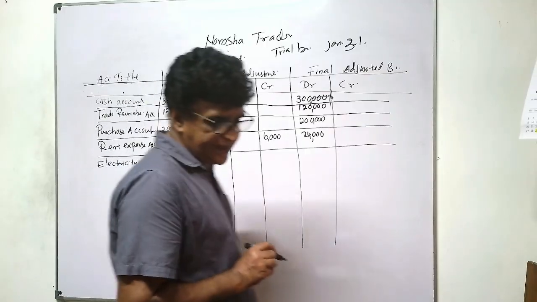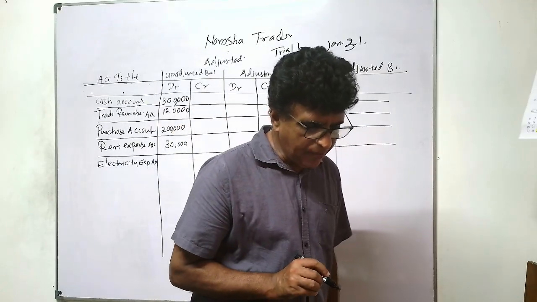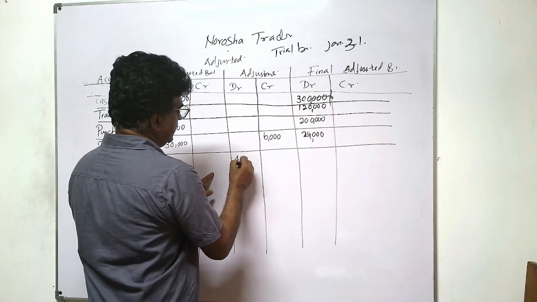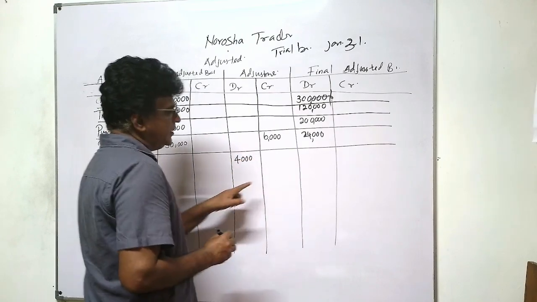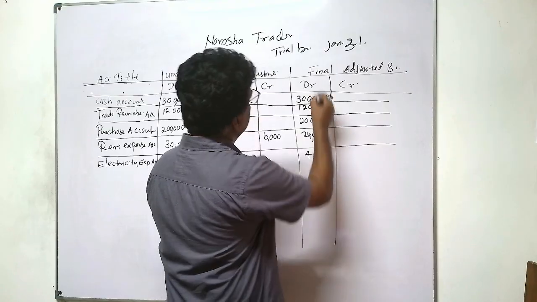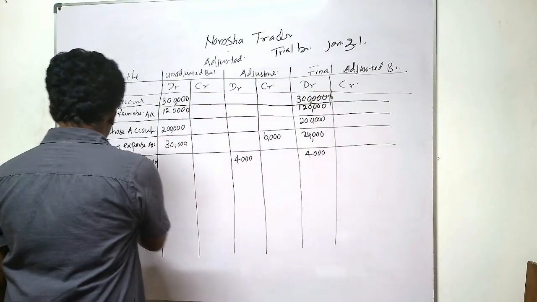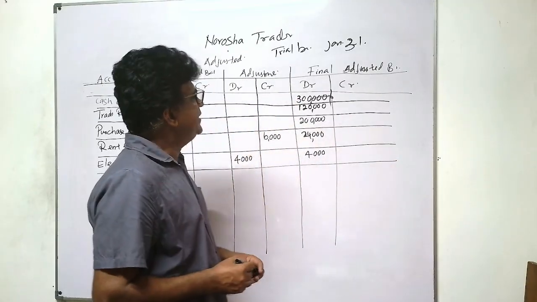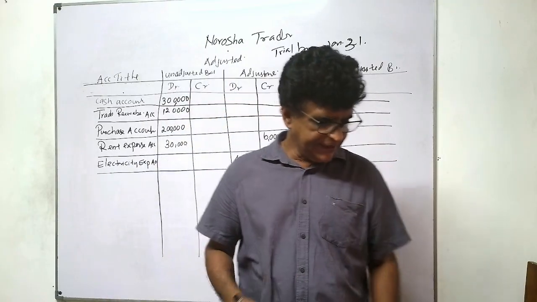Then I'm going to debit 4,000 in the adjustment column, and this 4,000 we have to add to the final adjusted debit balance.